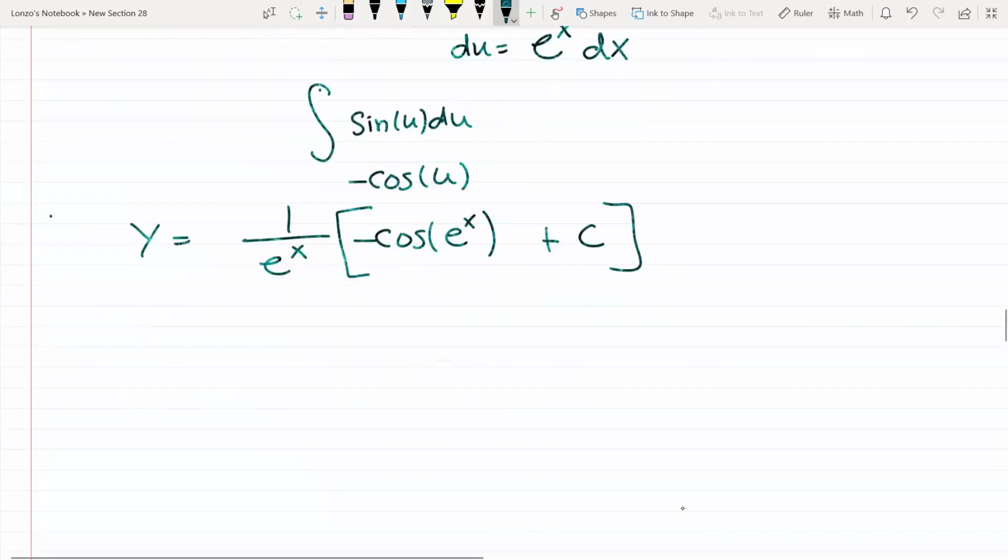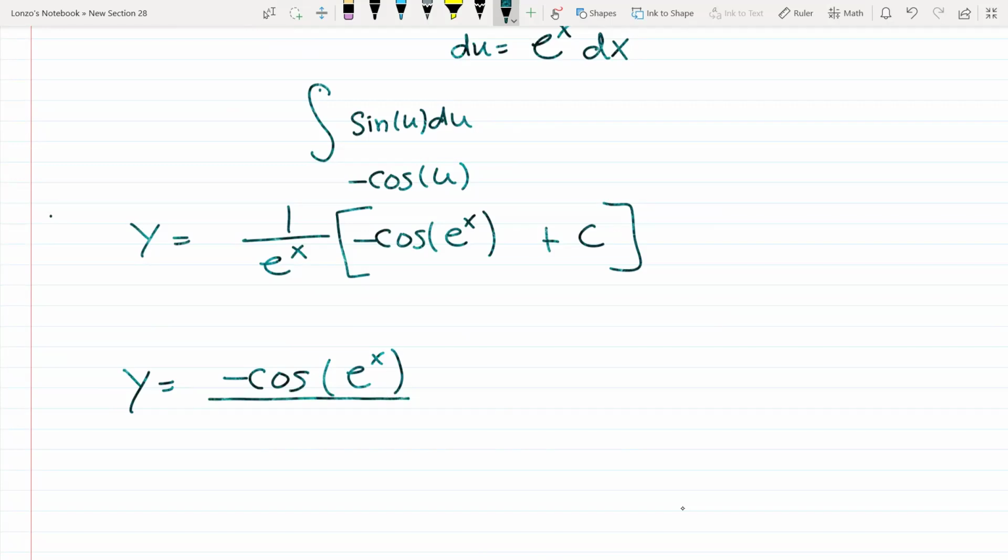Okay, so this FOILs out as negative cosine of e to the x. And then if I FOIL this out, don't forget the c, so you do have to FOIL out the c. That's c times 1 over e to the x.